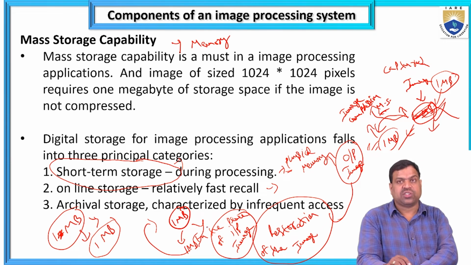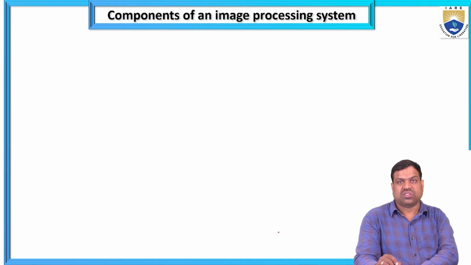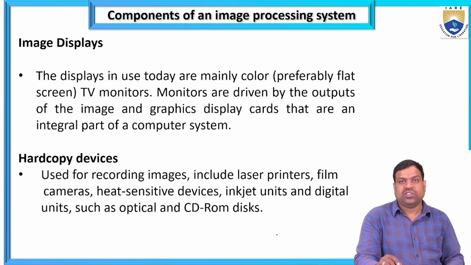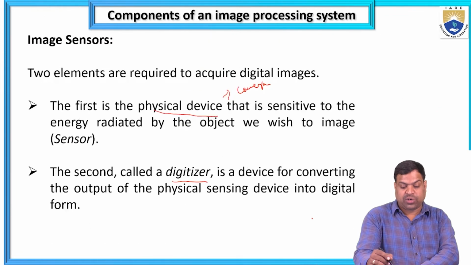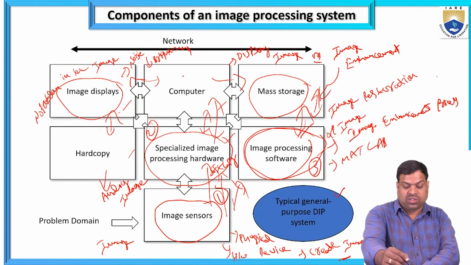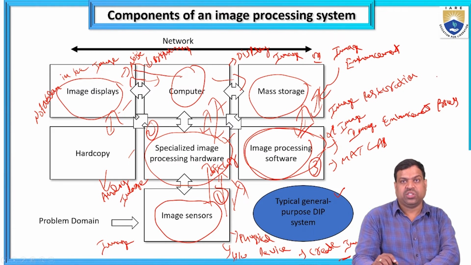So how many types of memory are there in mass memory storage? Three types: short-term storage, online storage, and archival storage. And another one is image display. Image display means that the computer is the input for the image display.